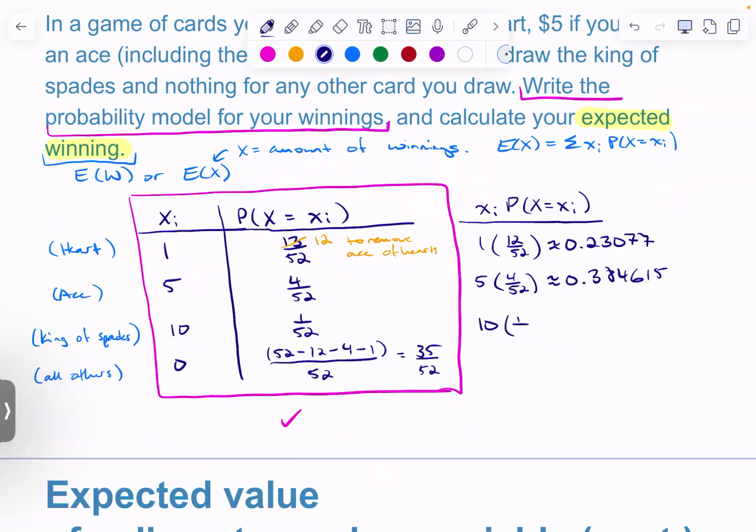10 times 1 over 52. 10 divided by 52 is roughly 0.192307. And then 0 times any probability is 0, 35 over 52.